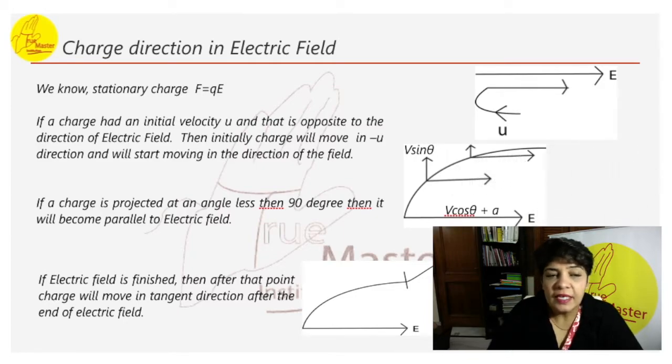In case the charge has been thrown in an electric field and the electric field finishes after a certain point, suppose the electric field gets finished here, then what will happen? The charge will no longer follow the parabola. Then it will move tangent to the last point. Here, while the electric field is present, this will be the shape of a parabola. Here it will be tangent.